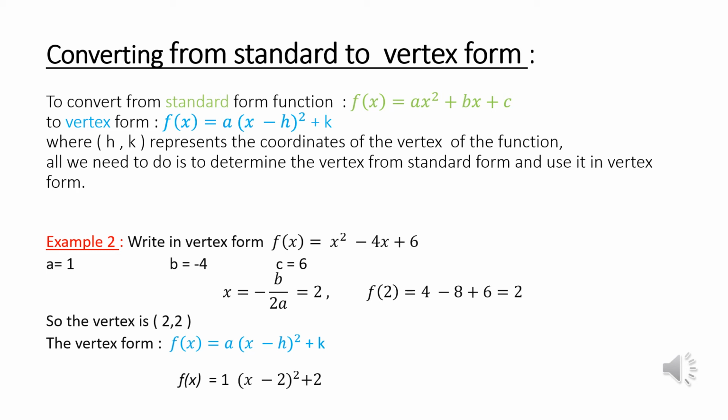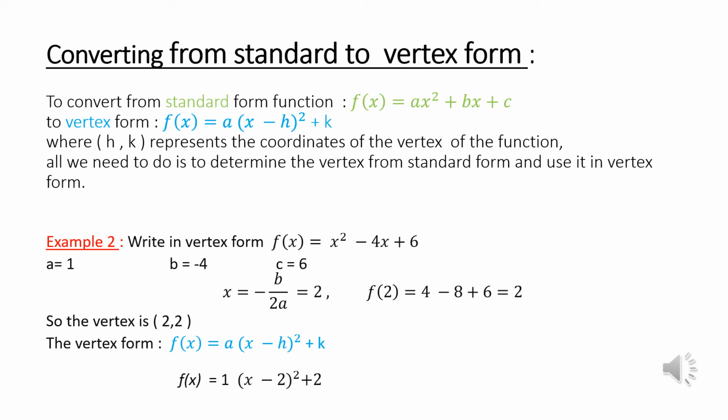The abscissa of the vertex is minus b over 2a, which is 2. And the ordinate of the vertex is 2. So the vertex is defined by the coordinates 2, 2.